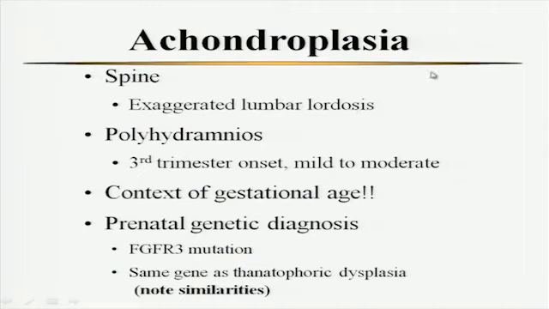So we do evaluate them after they're born for any ventriculomegaly. So with the spine, there's exaggerated lumbar lordosis. You can have polyhydramnios that has onset in the third trimester. And then compare it to gestational age. What do you expect at this time? And then looking at the gene mutation, it would be that FGFR3.